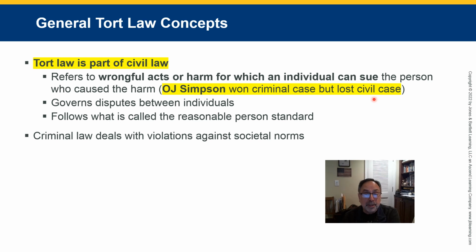So it's really an unusual case because it was a very famous case, obviously, where the defendant won the criminal case but lost the civil case, lost the tort case, and had to pay very significantly with his own funds to compensate for the loss of those two individuals' lives.